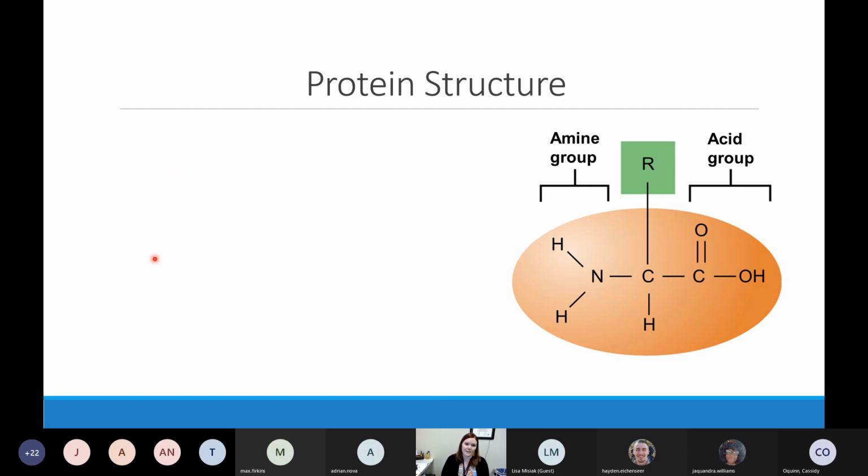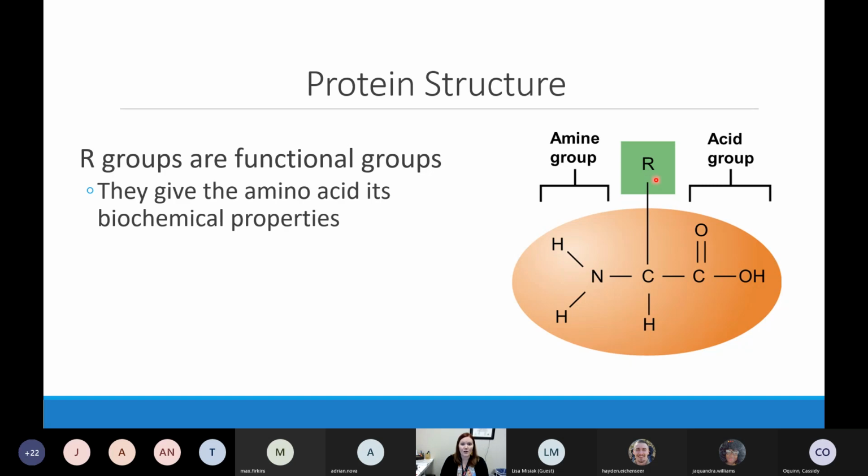When you look at an amino acid, we have already talked about the amine group. We've already talked about the acid group. What we have not talked about is this R group in the middle. So this R group in the middle is something called a functional group. And when we talk about the functional group of an amino acid, this is the part of the amino acid that determines the biochemical properties of the amino acid.